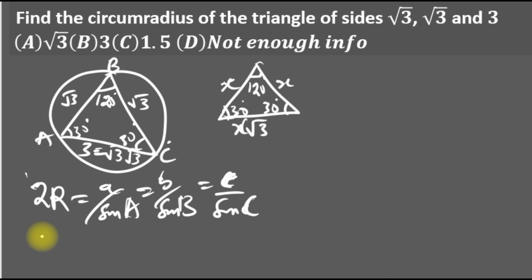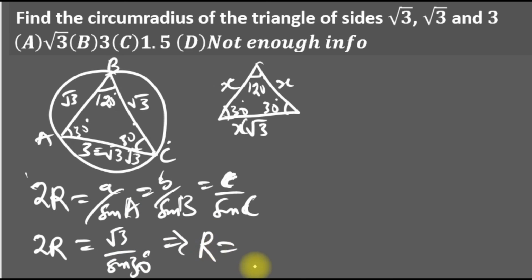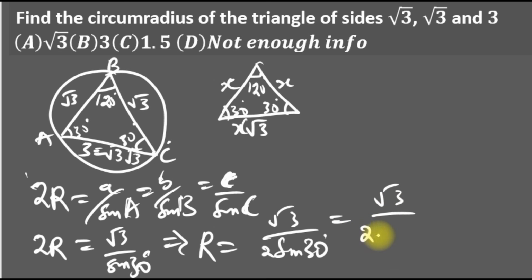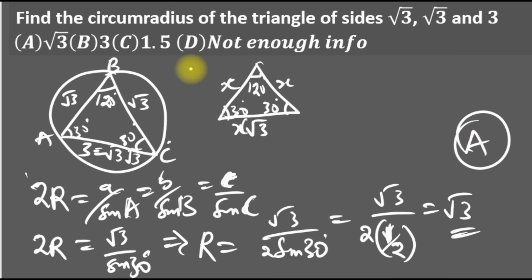So we have 2 radius, well, our a is root 3, our angle is sine 30 degrees, we are looking for r. So r is root 3 over 2 sine 30, and sine 30 is half. So our answer is root 3. So option A. So it's very simple.